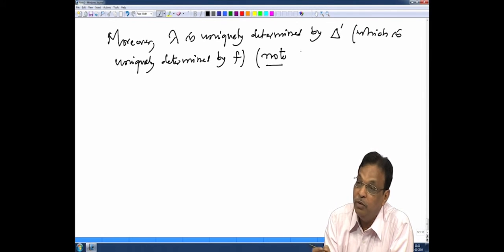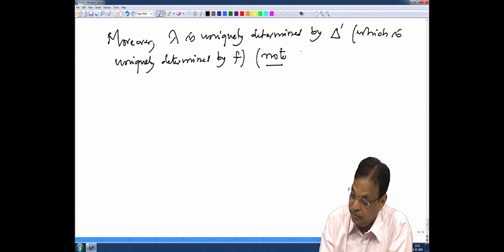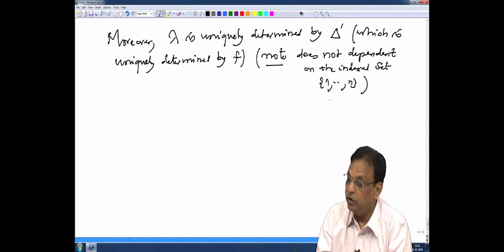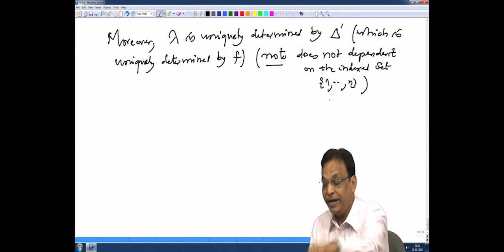I have used 1 to n, but one could have used an arbitrary indexing set. One could, if necessary, use a different indexing set, but the cardinality is important.